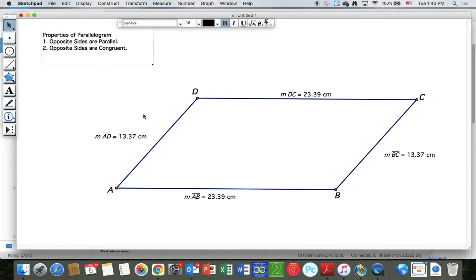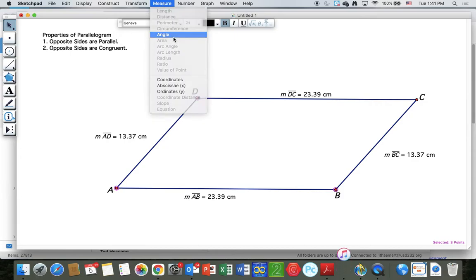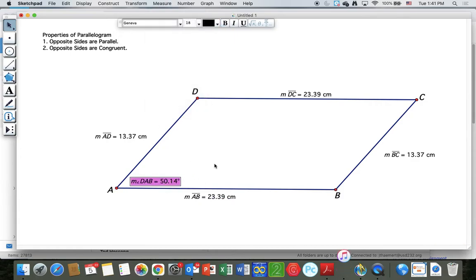Now, let's talk a little bit about the angles. Okay? Let's measure angle A quick. I'm going to measure that angle, and it is 50.14 degrees. And then I'm going to measure angle C. Check this out. I'll bet it's 50.14 degrees. It is. So look at that. Opposite angles are congruent. At least there anyway.